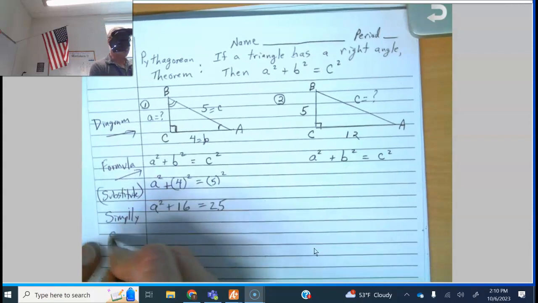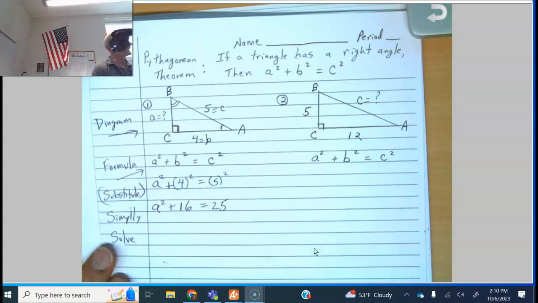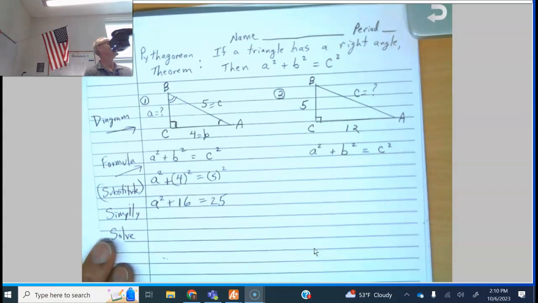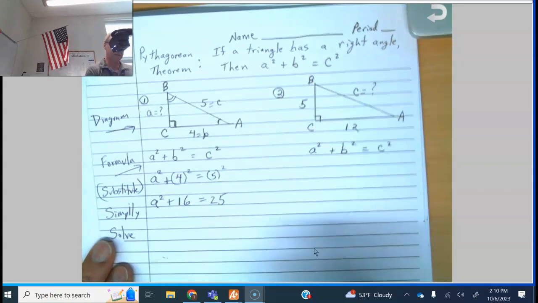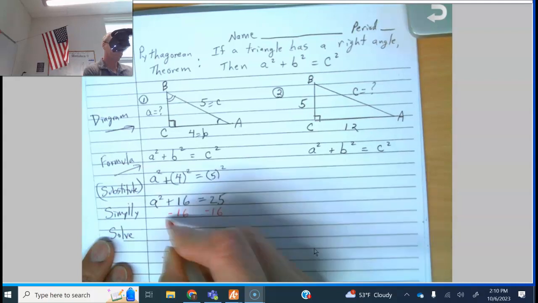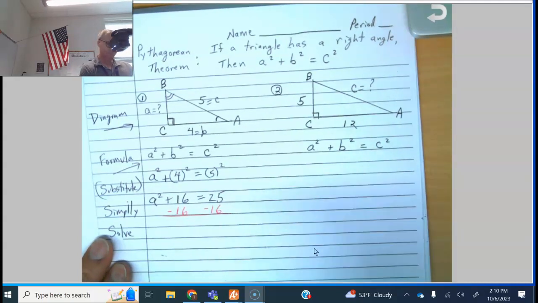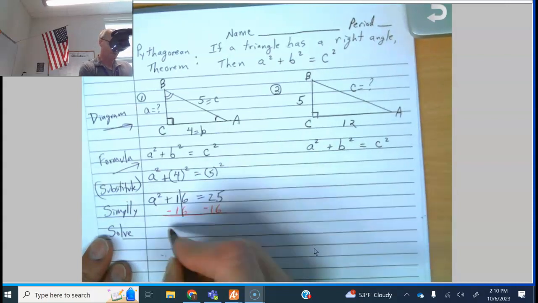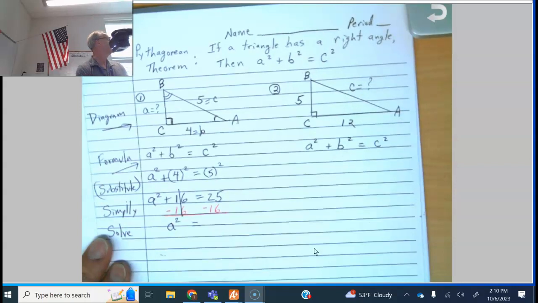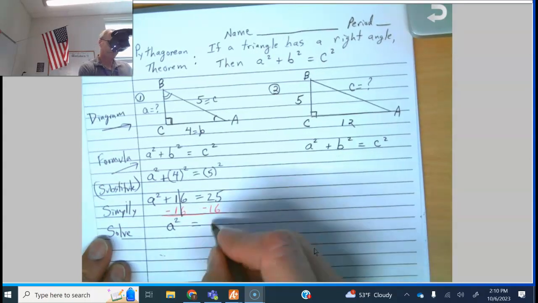The last step is to solve. And we're going to solve it for A. So we need to get A by itself. What do I need to do first? Minus 16 on both sides. Yep. And you get A squared by itself is equal to 9.